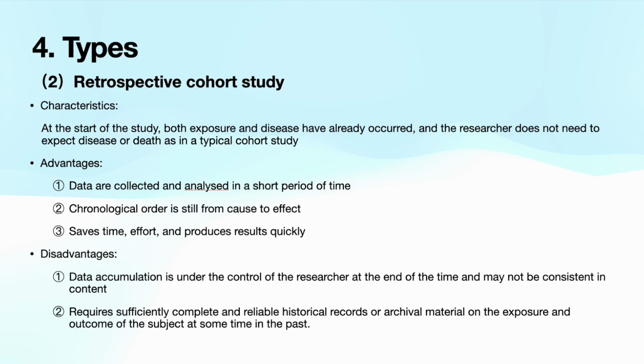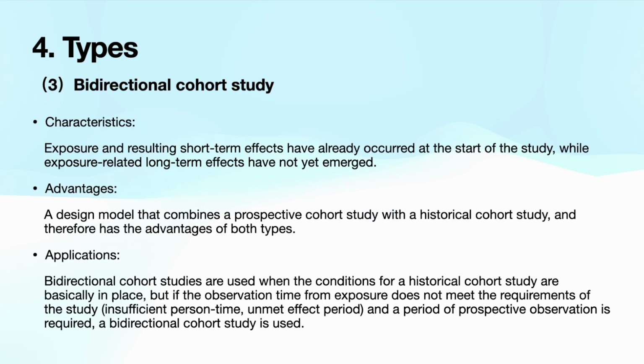It saves time and effort and produces results quickly, while the data accumulation is not under the control of the researcher, and it may not be consistent in content. And it requires sufficiently complete and reliable historical records or archival material on the exposure and outcome of the subject at some time in the past.